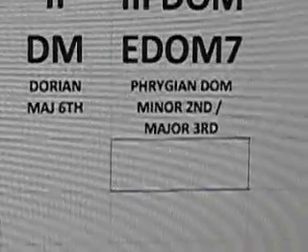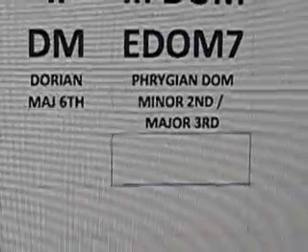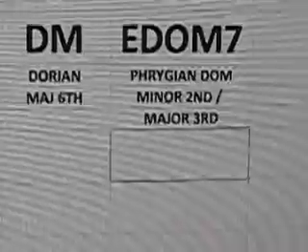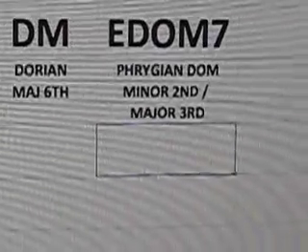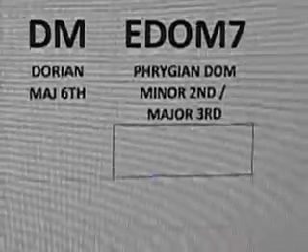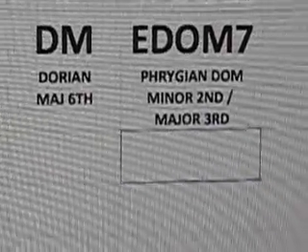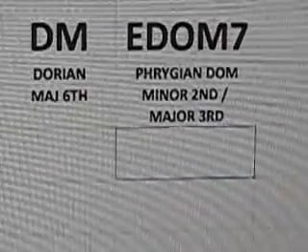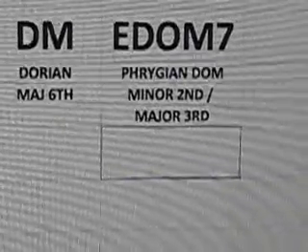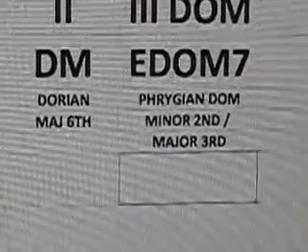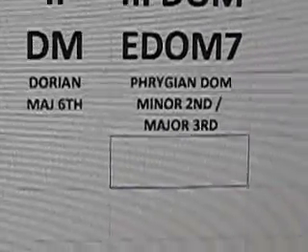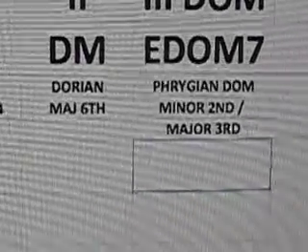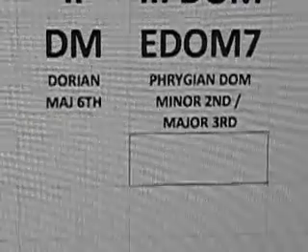So the Phrygian mode is a minor mode, but unlike the A minor, it has a minor second. So it's got that half step from the first to second interval in the key of E. That's your E and your F, okay? It gives it the unique sound. But in this case, we're going to be doing the dominant form of Phrygian, and that is your major third.